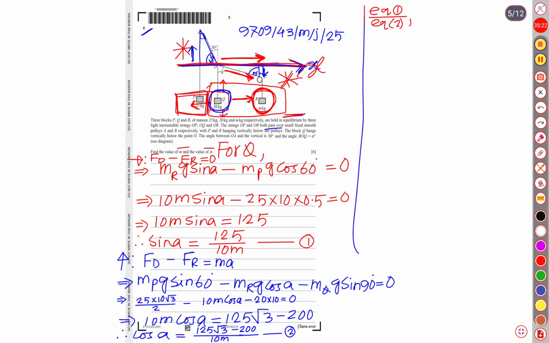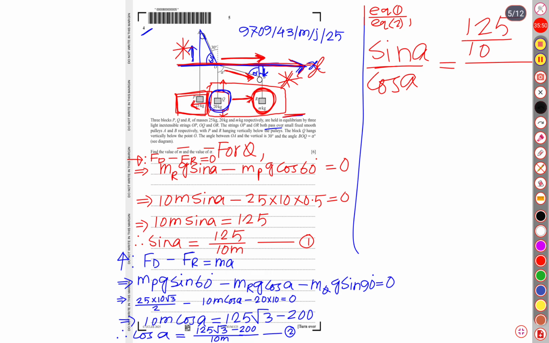So if we divide, equation 1 is sine alpha over cos alpha is equal to, the right side is going to be 125 over 10m.